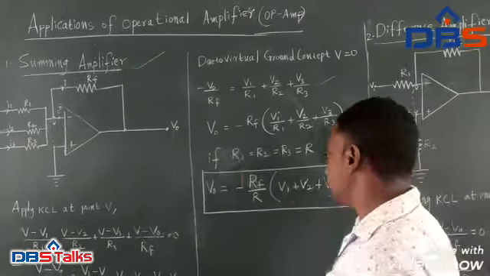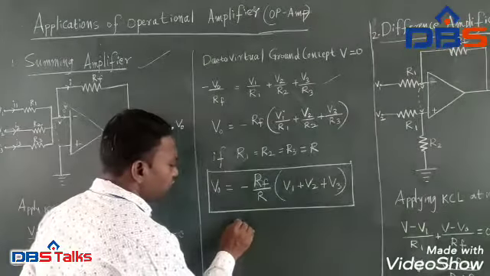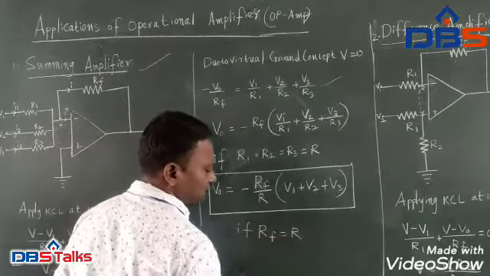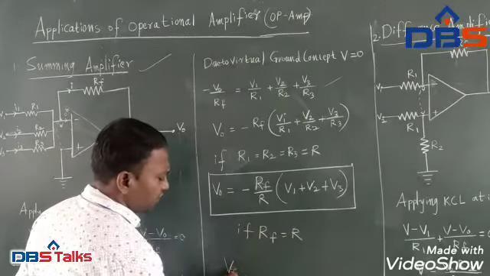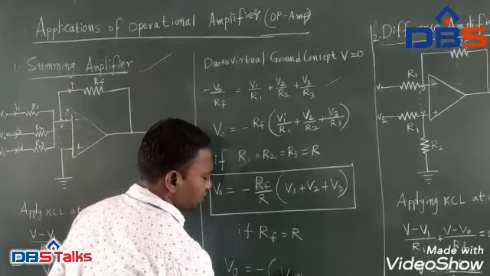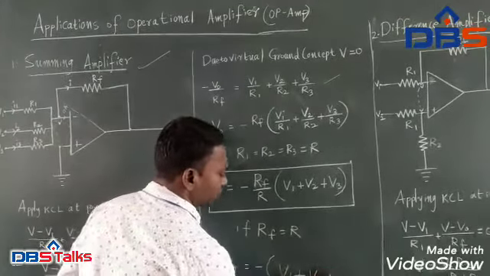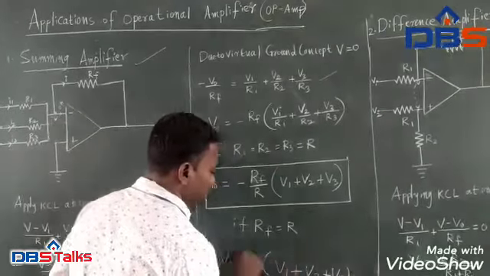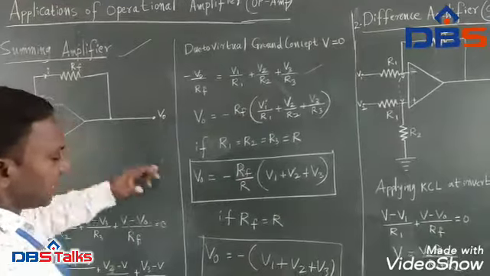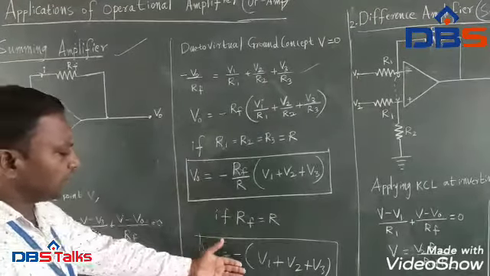Still further, if RF is equal to R, then V0 is equal to minus of V1 plus V2 plus V3. Even so, if this RF value and this R are both equal, then we can write this.